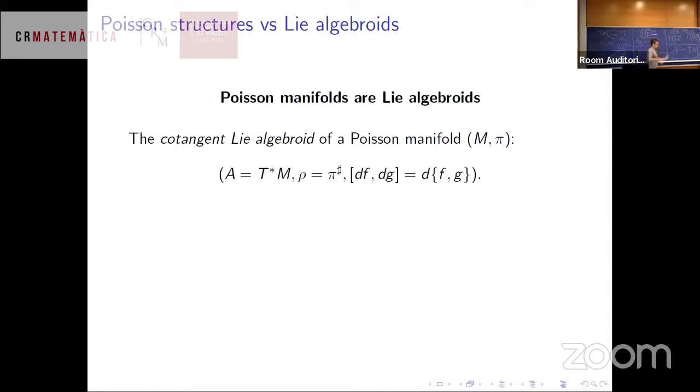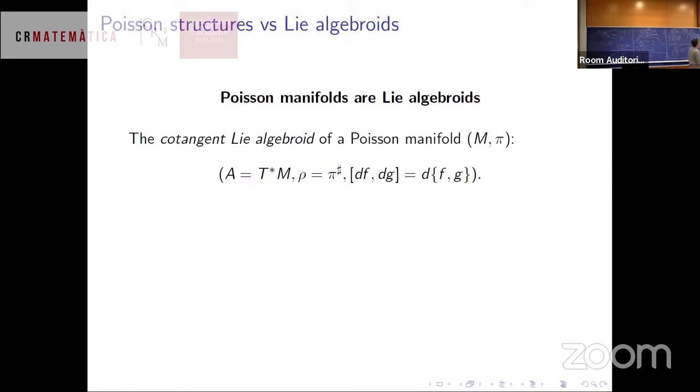Okay, so we stopped. I told you the basics of Lie algebroids and groupoids. Now, how's that related to Poisson geometry? So there are many connections between Poisson manifolds and the theory of Lie algebroids. Okay, I'll show you three. The first one, for this problem of symplectic realization that I used to motivate this whole story, is the most important.